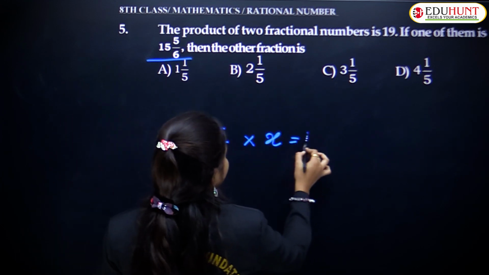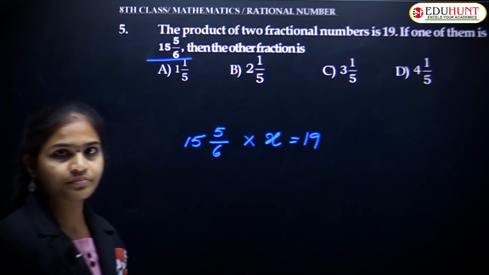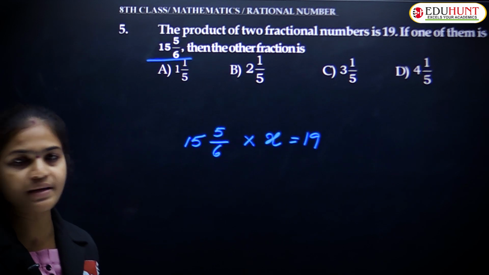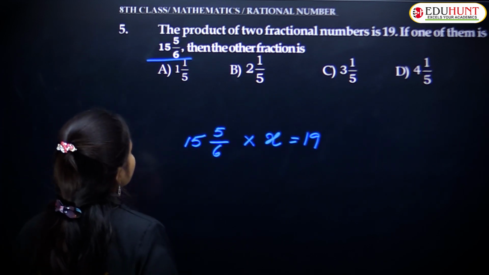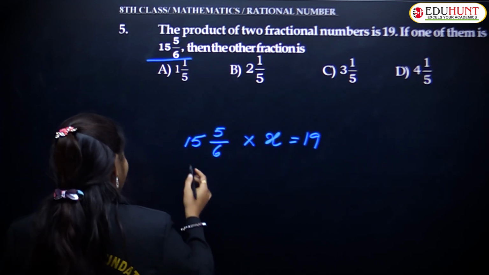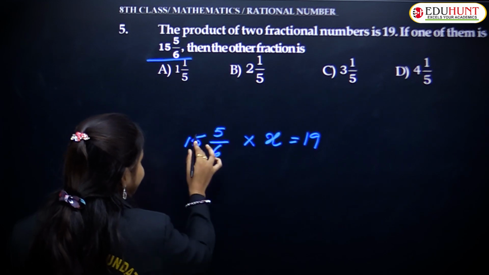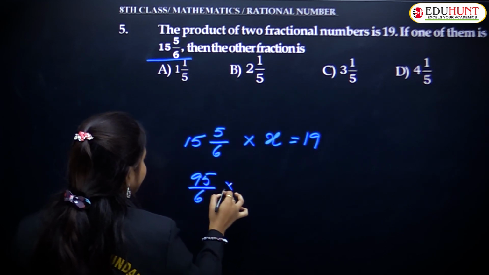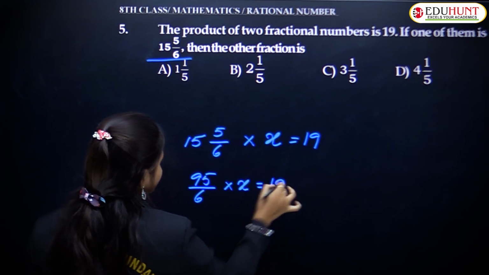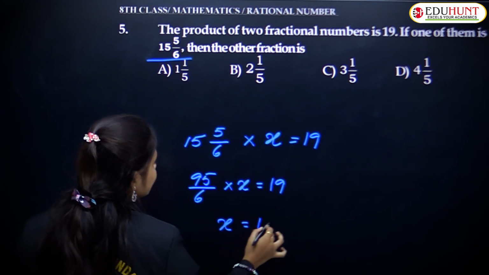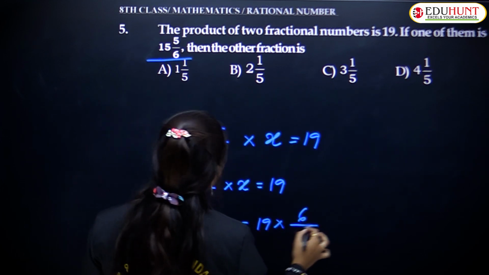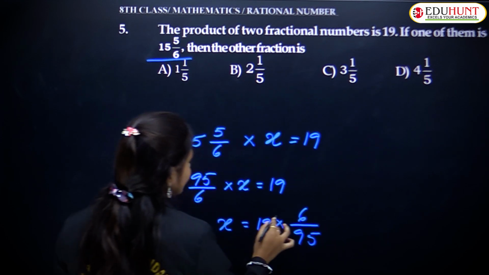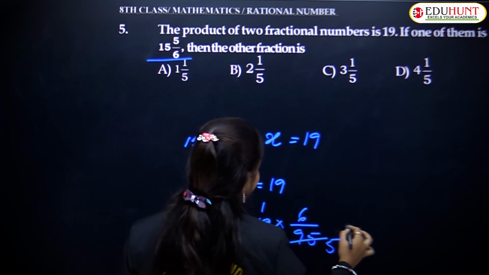The product of those two fractions is equal to 19. So the other fraction they are asking. So here 15 times 6 is 90, 90 plus 5, 95 by 6 into x, which is equals to 19. So x is equals to 19 into 6 by 95. So 19 5s are 95.